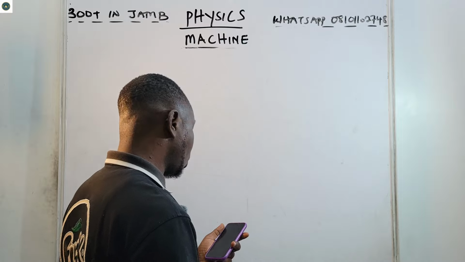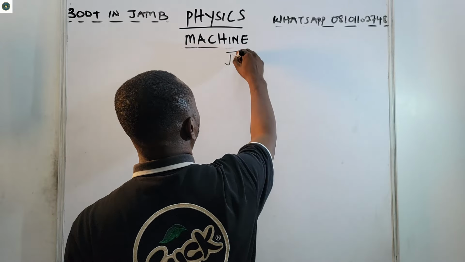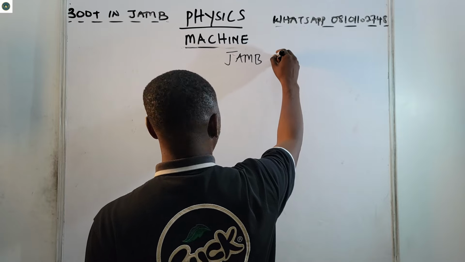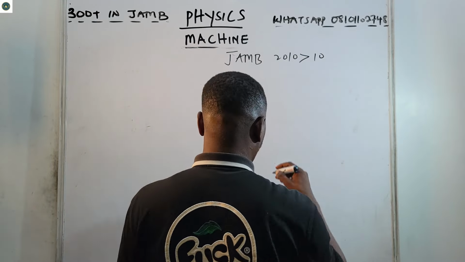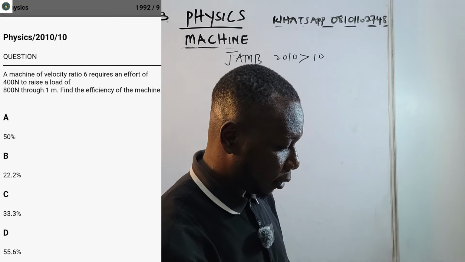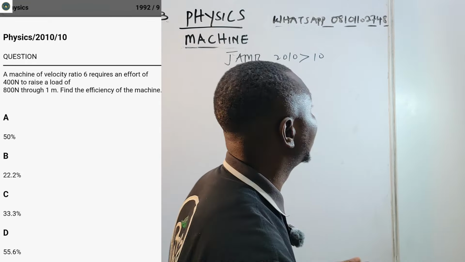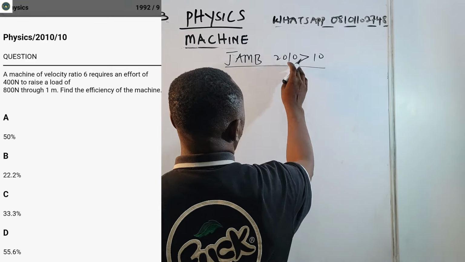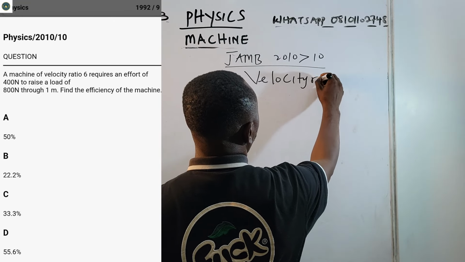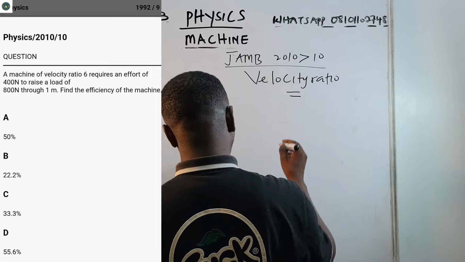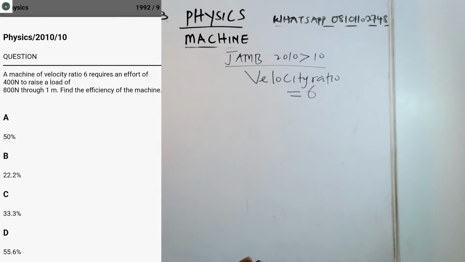All right. So now we have a question from JAMB 2010, question 10. It said, a machine of velocity ratio 6 requires an effort of 400 Newton.